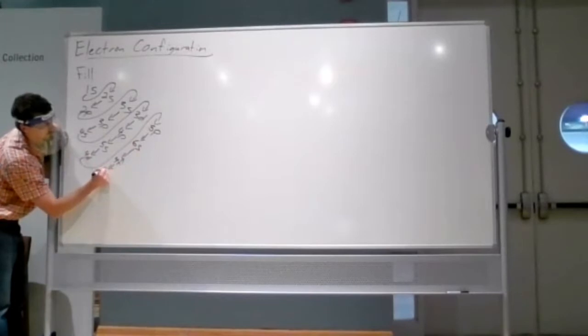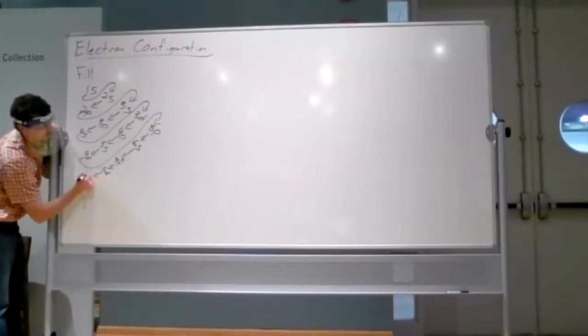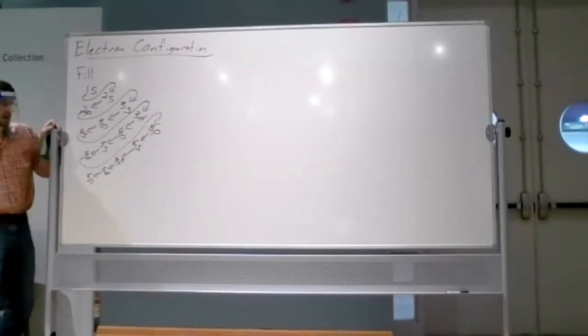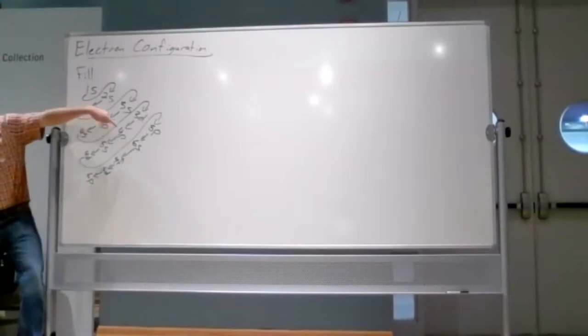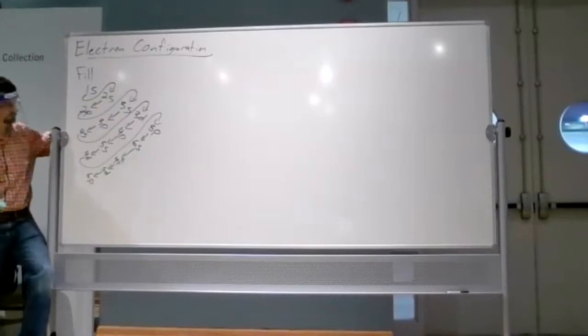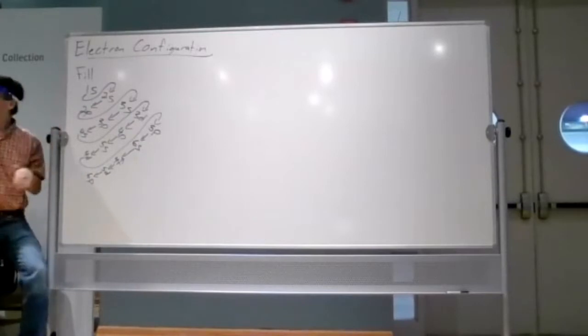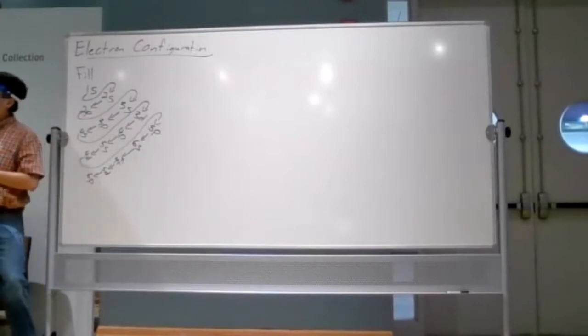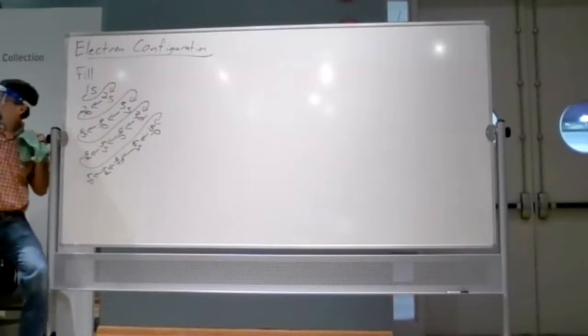We have a question. Why does it go from 4d to 5p? Why does it not go from 4d to 4p to 5p? Well, why is it that way? Remember we talked about electronic exchange and correlation.